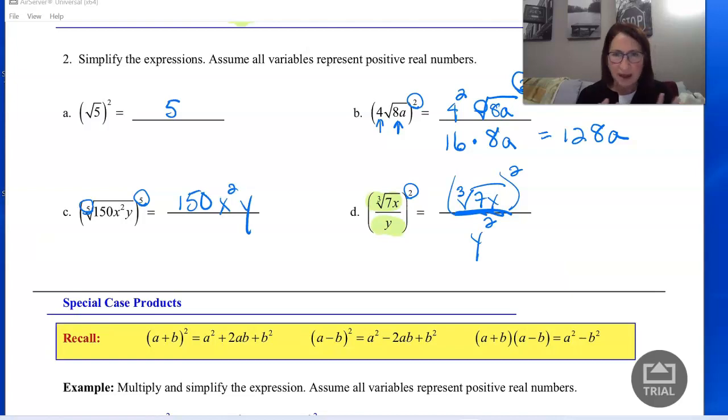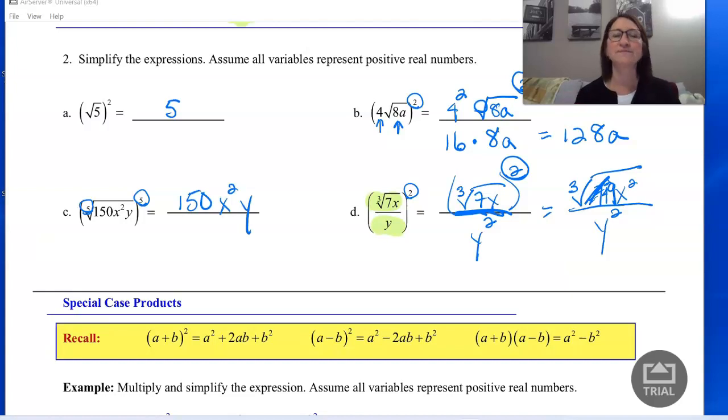The only thing that we could do if you wanted to is rewrite it so that it's the cube root, and instead of putting this exponent on the outside, you could apply it to the 2 factors underneath that radical. And then the only thing you would want to do there is that 7 squared is then 49. That's the only thing you could do.